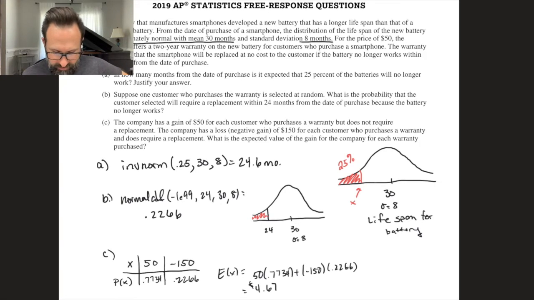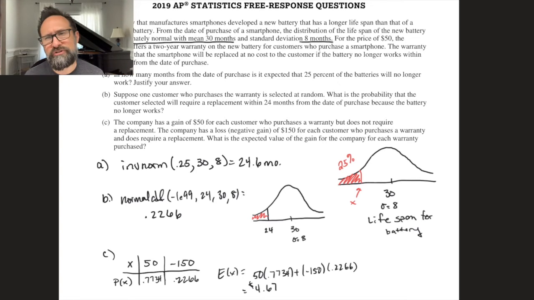Part B, suppose one customer who purchases a warranty is selected at random. What's the probability that the customer selected will require a replacement within 24 months of the date of purchase? Now, we know that it's less than 25%, because for 25% of the people, batteries last 24.6 months or less, right? So what if we want to know the area, the percentage of the curve less than 24?